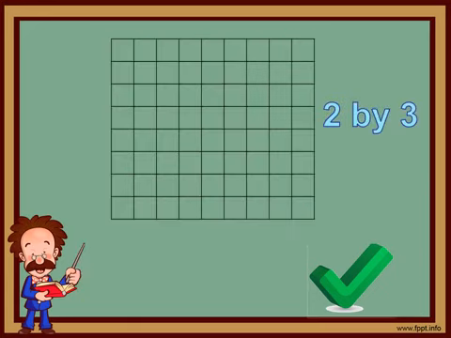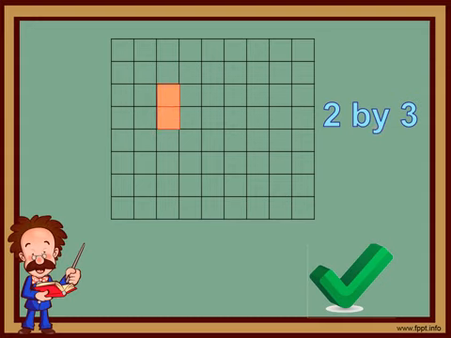Okay, primary 2, let's get started with our new part of this lesson. This is the only thing that we are going to do. It's a very easy thing. Now he says form an array 2 by 3, where he gave me these squares. So what am I going to do? I'm just going to shade inside these squares, so it will be 2 by 3, like that.